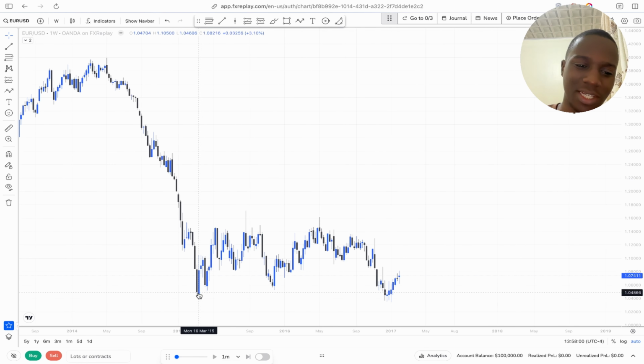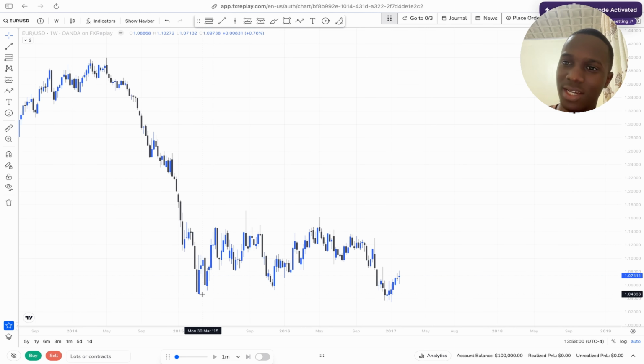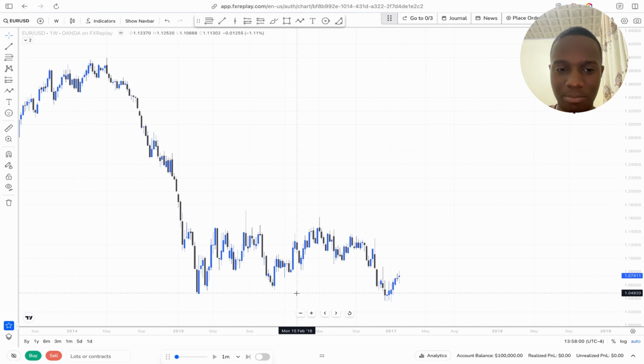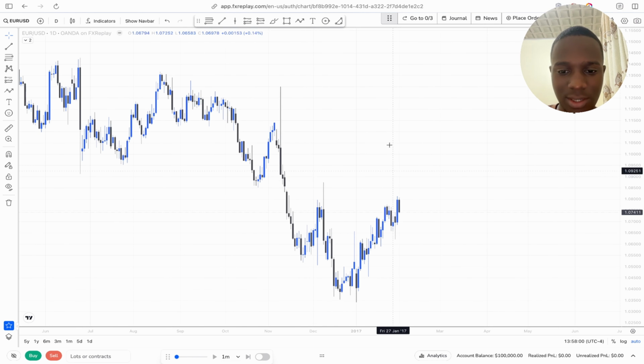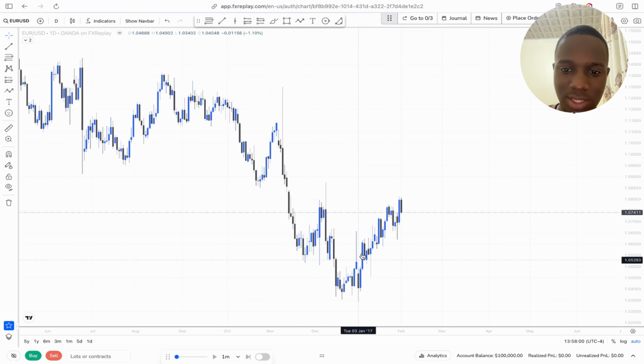I don't think I can trade that, because I'm not a swing trader, but it will help me shape my bias of the day. On the 1 day, it's a downtrend but trying to head a little bit higher, so I think we are going to trade this upward move.